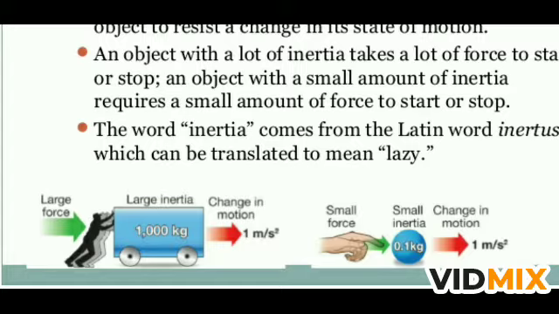And in your daily life you can see that you can throw a toy car with your hand to some distance, but you cannot throw the actual car which is in your house as you threw the plastic toy car. Means more massive, more inertia. More inertia means it requires more force to change its state.